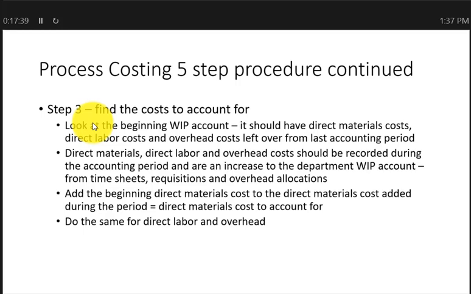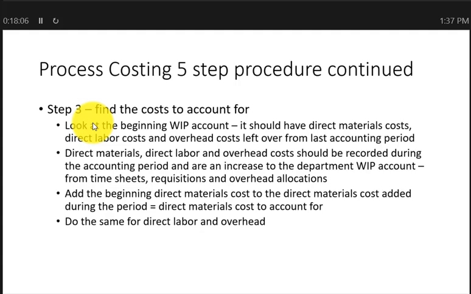And again, this comes from time cards and the materials that you utilize, the same journal entries that you would do regardless of whether it was process costing or job costing or whatever. And the overhead allocation could be done with a single plant-wide rate or activity-based costing.